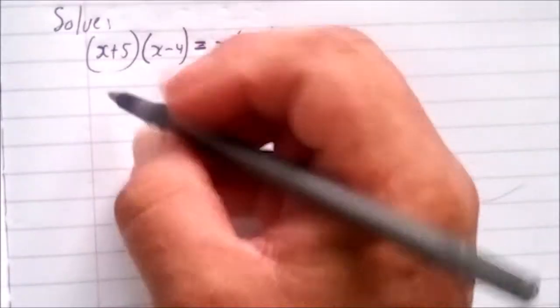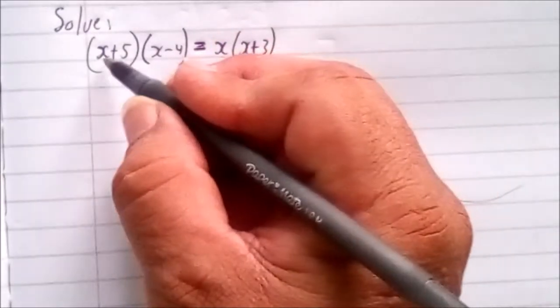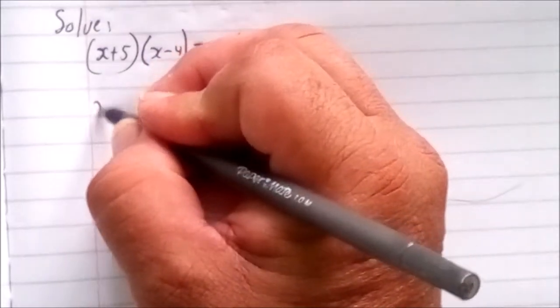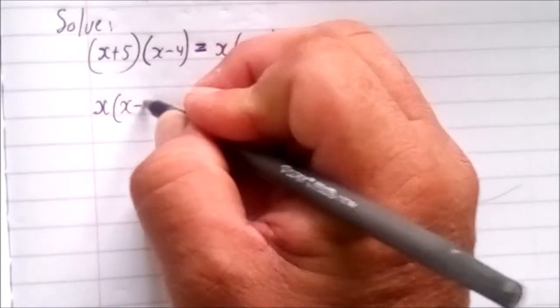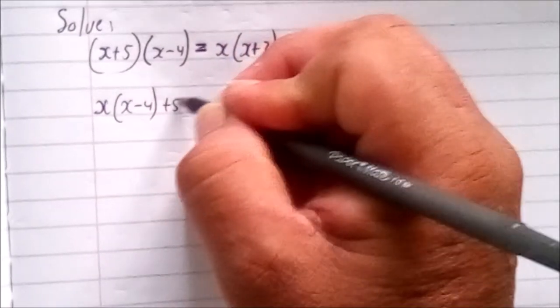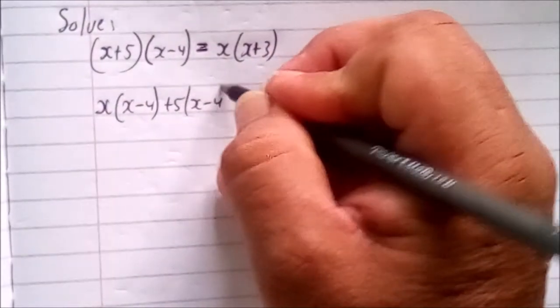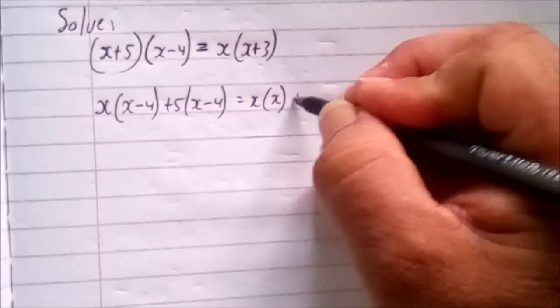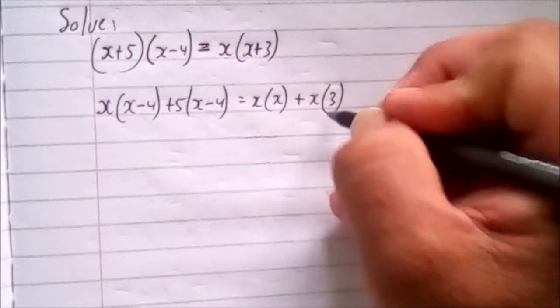So let me just explain it out step by step. x times (x - 4) plus 5 times (x - 4), and then we multiply each term there. The right side gives me x times x plus x times 3.